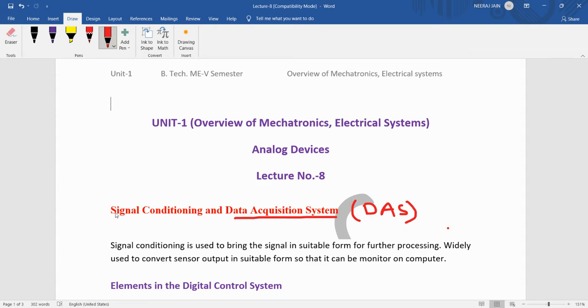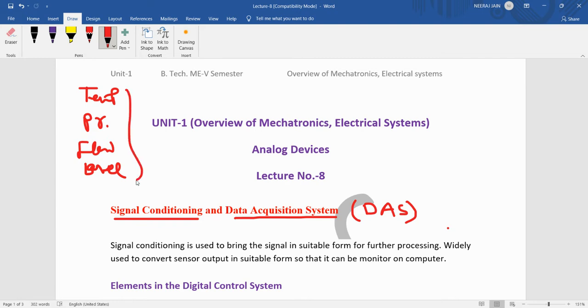Signal conditioning is a circuit which brings the signal into a suitable form, because there are several types of physical parameters like temperature, pressure, flow, liquid level, etc. in any process or machine.